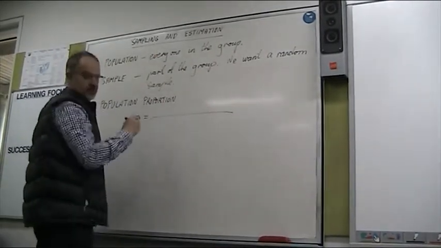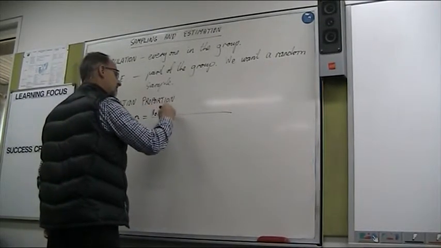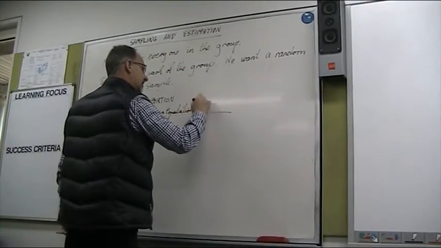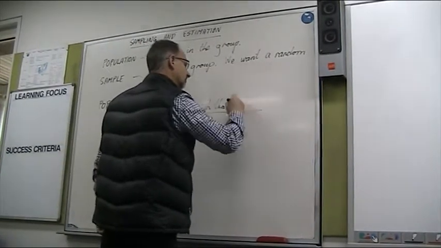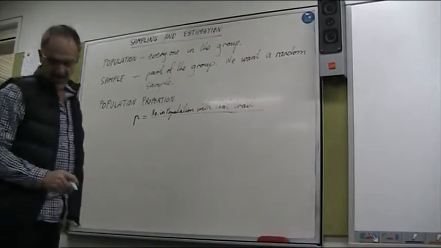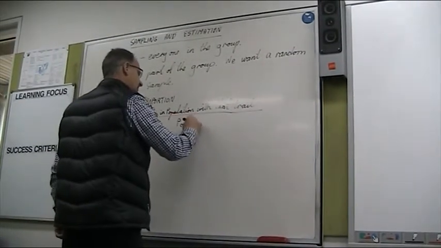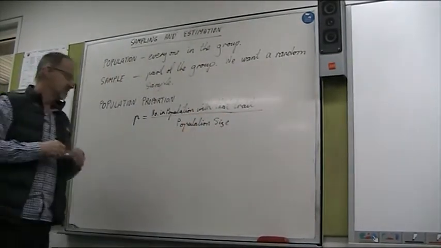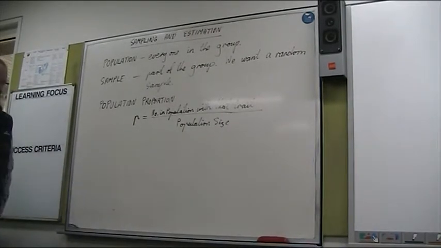So for the population proportion, we need to know the number in the population with that particular trait, whatever that might be, and over the population size. Alright, so for population proportion, you have to ask everybody.